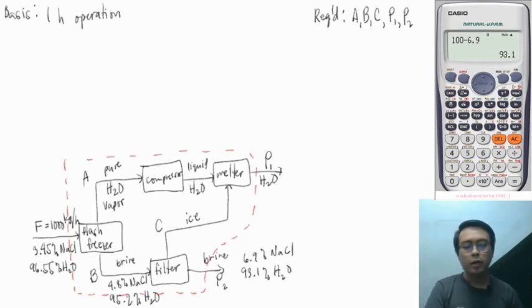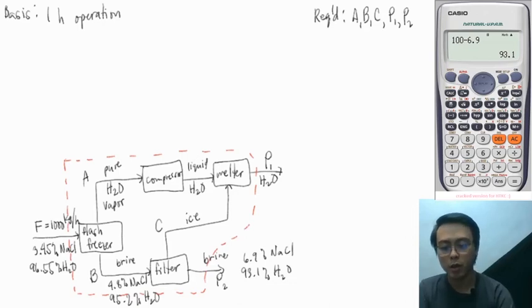Okay. So when we select the entire system as our boundary, what we mean is the feed is the only stream that's going in, and the streams P1 and P2 are the only streams going out. So in our overall boundary, let's have our OMB.